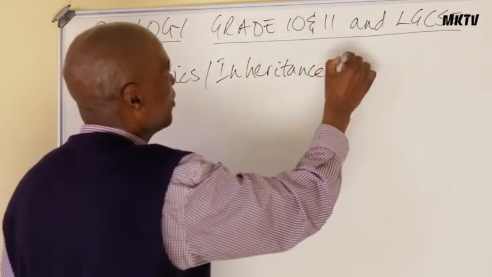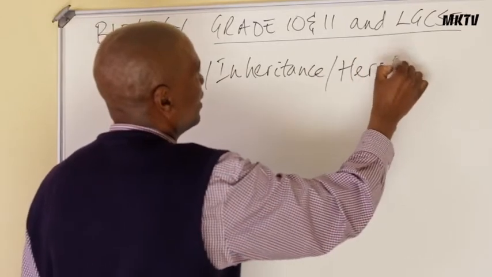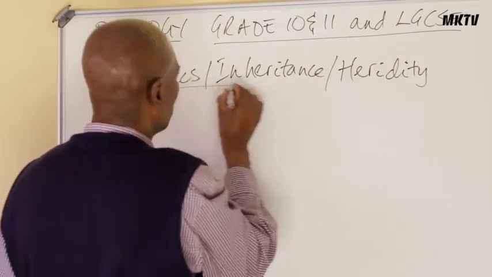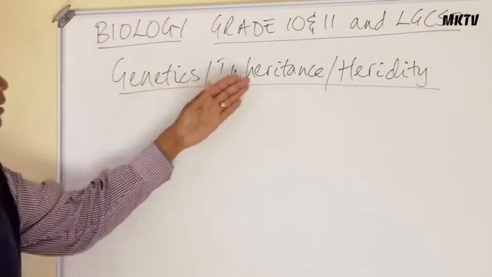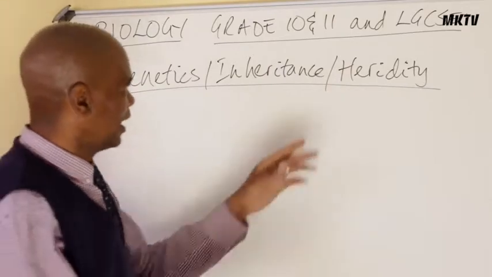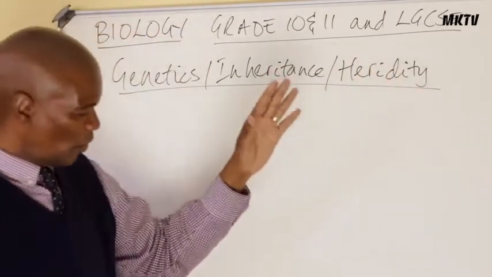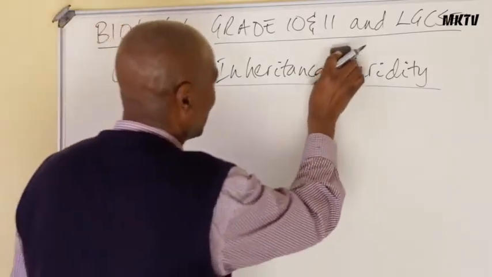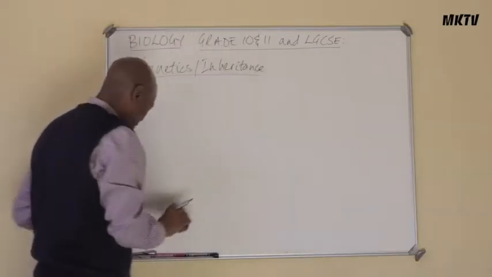Let me put all those words together. So it's genetics, it's inheritance, it's heredity. I don't know if I got that spelling correct, but you know what I'm trying to talk about here. Let me remove that and I remain with these ones.